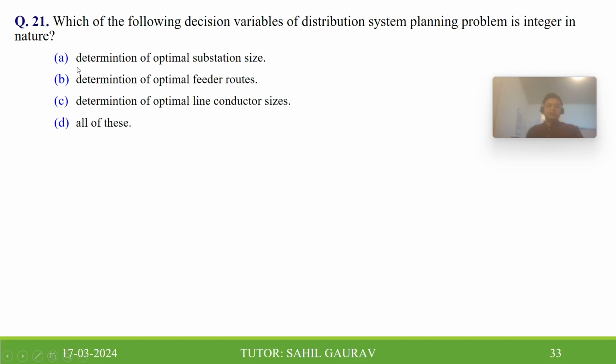Option D is correct because these are all integer in nature. Substation size is integer in nature, feeder routes are integer in nature, and line conductor size is also integer in nature.